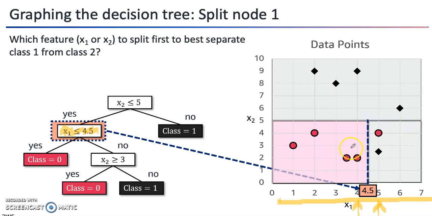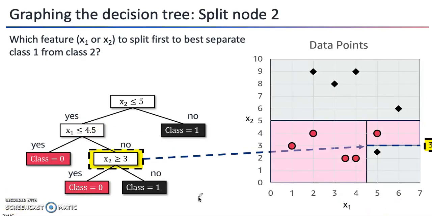So next we decide on another condition to subdivide that new subregion at 4.5, and that condition is based on the values on the vertical axis.